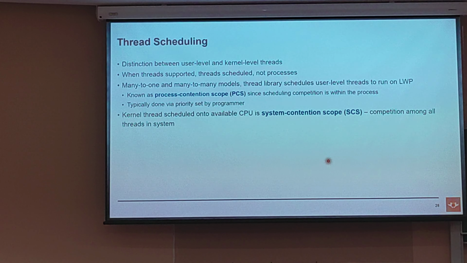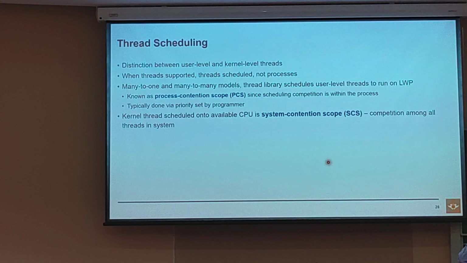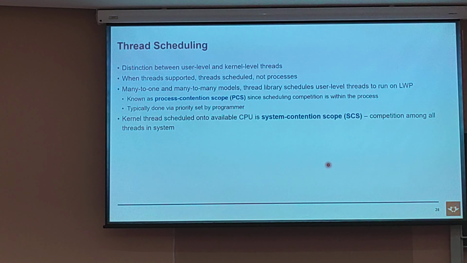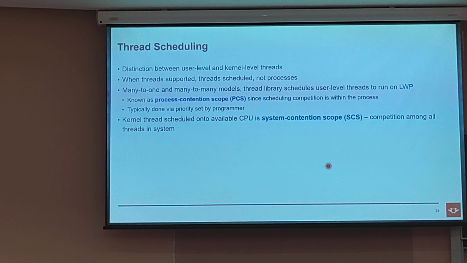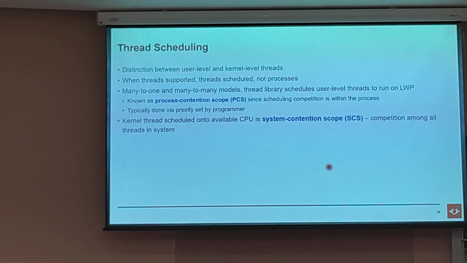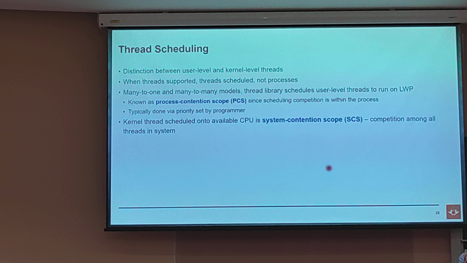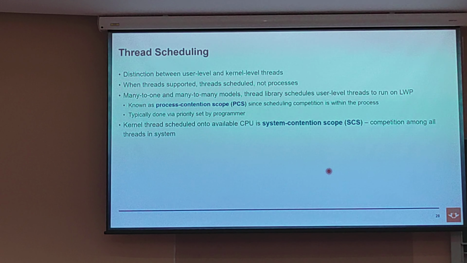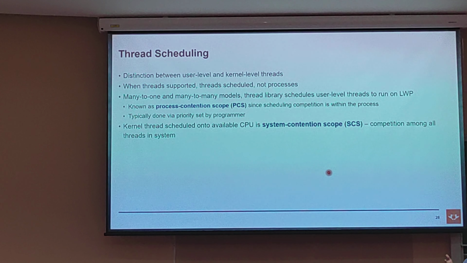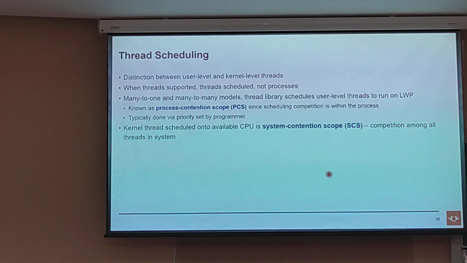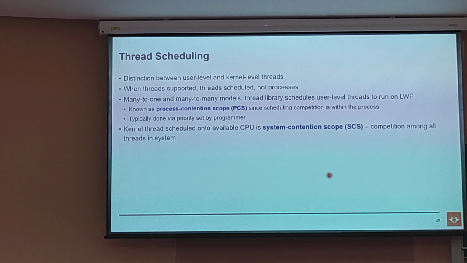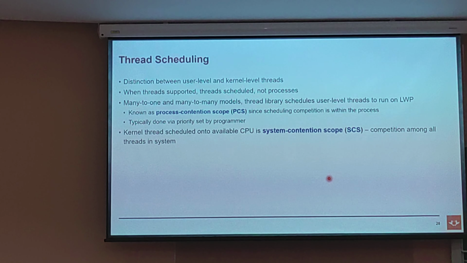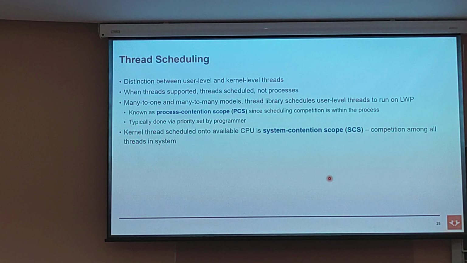However, you can implement a separate scheduler running in the user runtime environment. So for instance, the Java runtime or the Java virtual machine can effectively run its own scheduler. Depending on the number of threads that you have in the Java runtime machine, it can do its own scheduling there. So what they mentioned is you get what they call process contention scope or system contention scope.